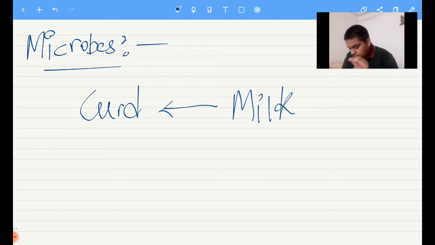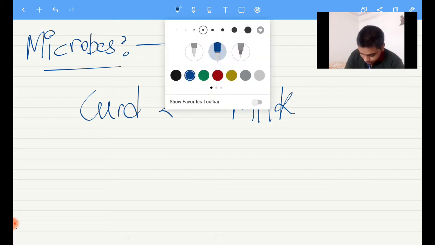What is the thing which is converting milk to curd? Milk is getting converted into curd because of a bacteria called LAB bacteria. The group of bacteria is called LAB, and the example of this bacteria is lactobacillus, which you have learnt in your lower class.